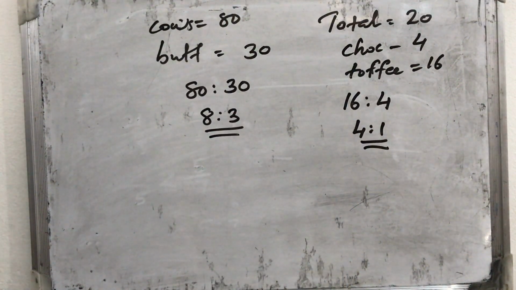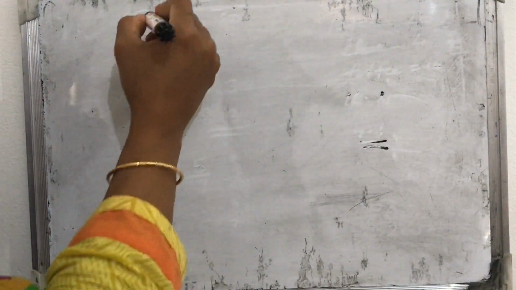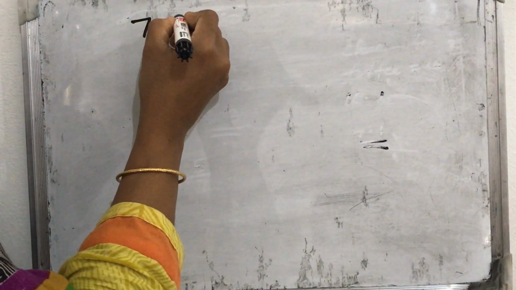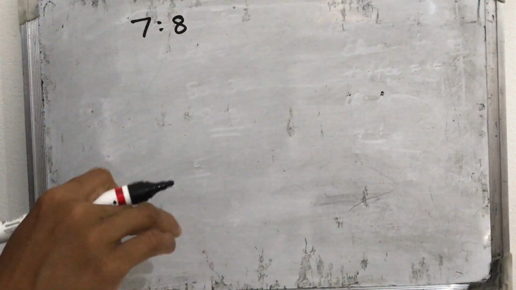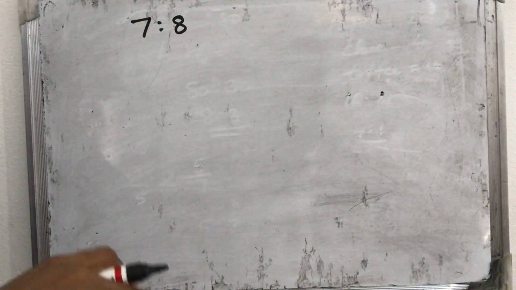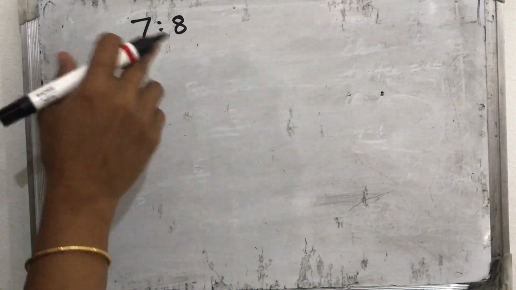Next question. The measures of two angles are in the ratio 7:8 and they are supplementary angles. What are their measures in degrees? Listen to the question. The ratio of the measures of the two angles is given as 7:8, and it is given that the angles are supplementary.